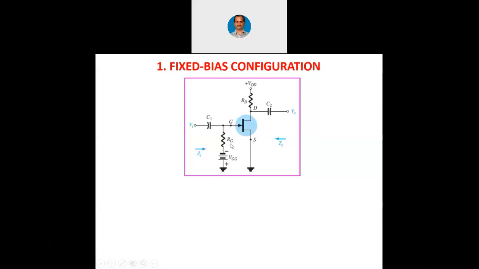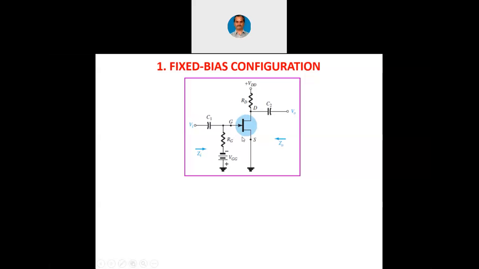Now, we can write the AC equivalent circuit for this. We can replace this capacitor with a short circuit, and we can replace this C2 also with a short circuit. And VDD is our AC ground, VGG is also AC ground. All power supplies are basically AC ground, and capacitors are short, and we can replace the JFET with its AC model.